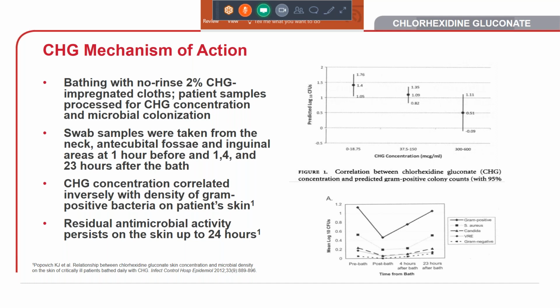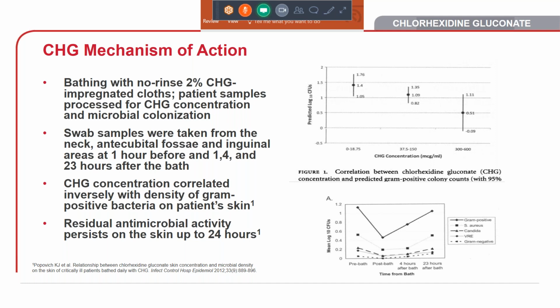And although we are not going to discuss specifically the use of chlorhexidine gluconate as a bathing agent during this webinar, I do want to highlight that the density of skin flora at an intravascular catheter insertion site is a major risk factor for CLABSI. And therefore, I think that there are some important takeaway messages from this particular paper.